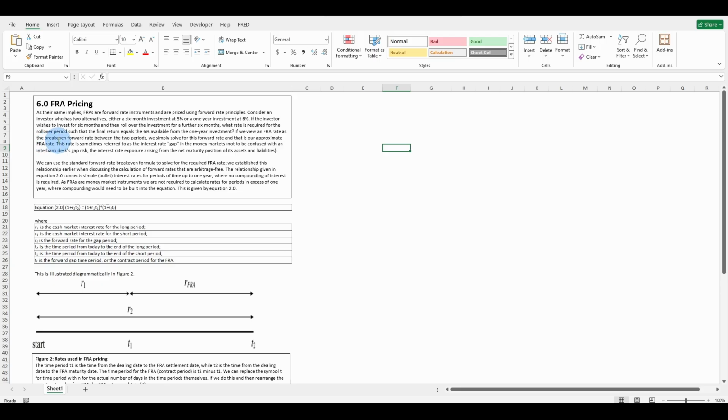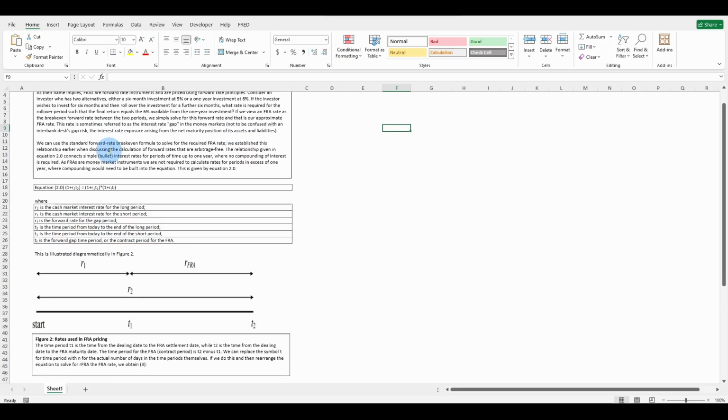This rate is sometimes referred to as the interest rate gap in the money market, not to be confused with the interbank desk gap risk, the interest rate exposure arising from the net maturity position of its assets and liabilities. Now, we can use the standard forward rate break-even formula to solve for the required FRA rate.